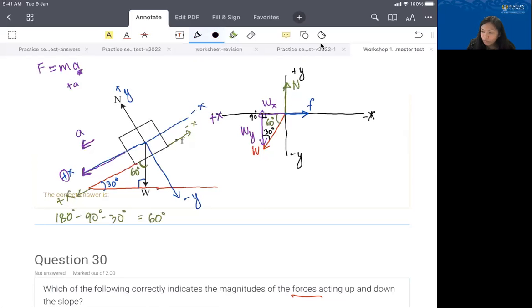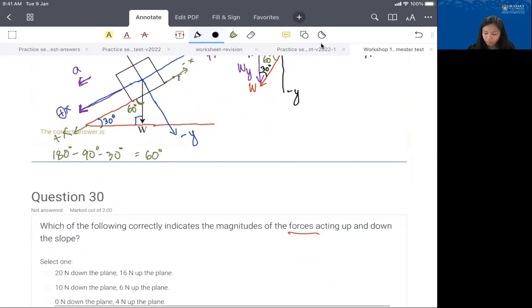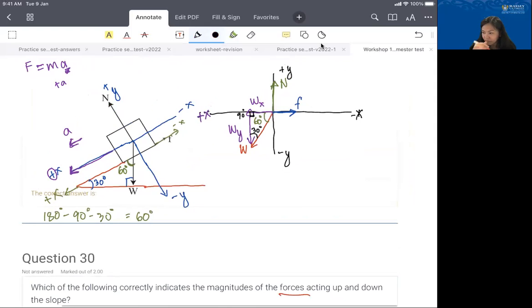Okay, now we can find the x and y components. So the x component of the weight force: if the angle is measured relative to the x-axis, then the x component is cosine theta.